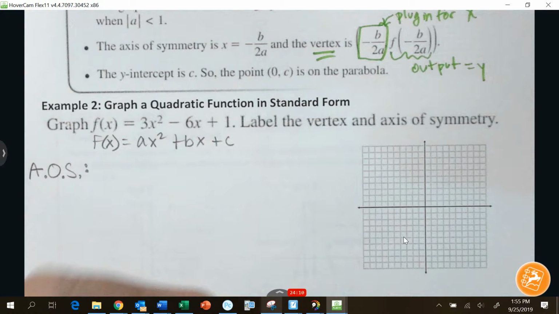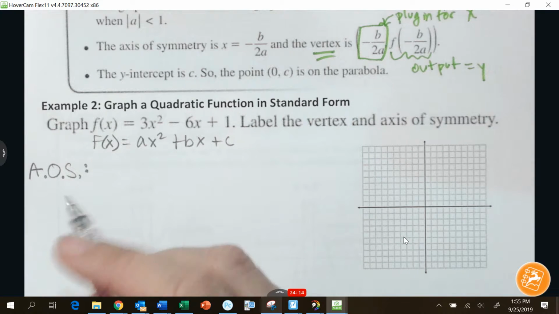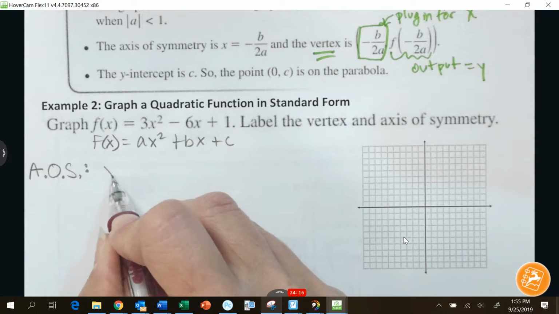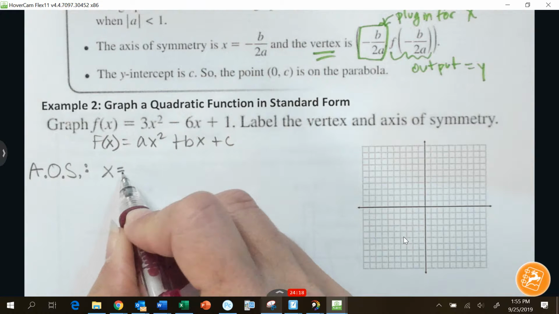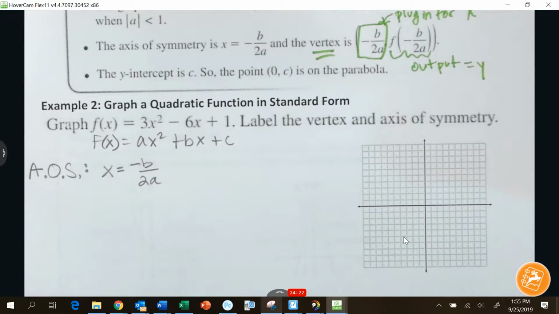Because some of you don't know this formula, you should write it down. The axis of symmetry formula is x equals negative b over 2a. So let's take that formula and plug in the numbers.